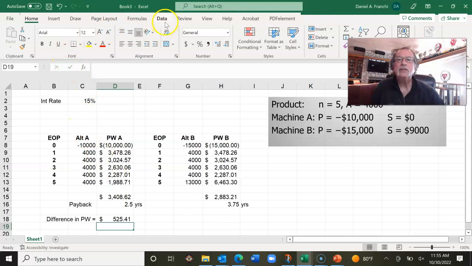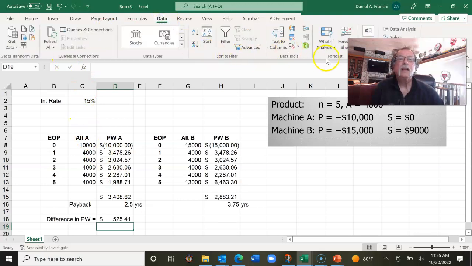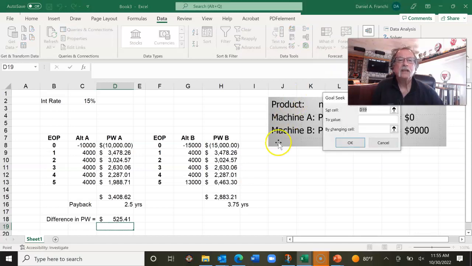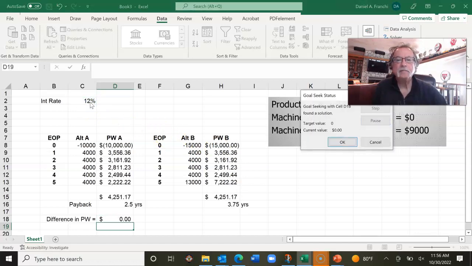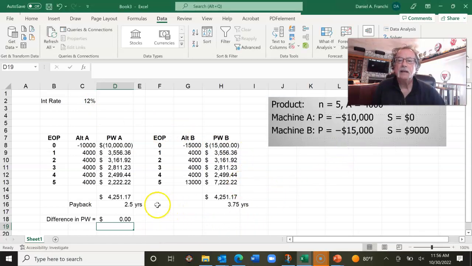So what we can do is a goal seek. And to do that, we go into data mode, what if analysis, goal seek. And we want to set this value here, the difference in present worth, to 0 by changing the interest rate. And we find out that at 12%, the present worths are exactly the same.